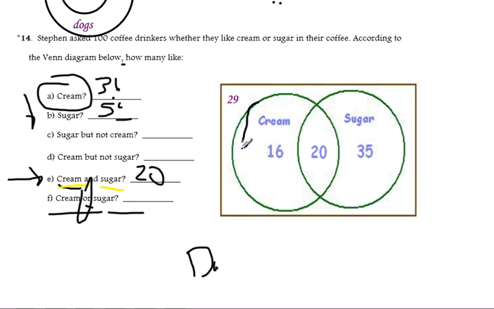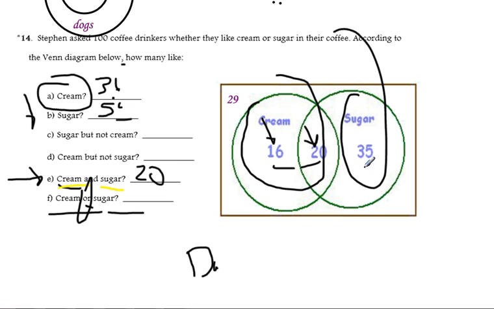So these people, 16 and 20, do these people like cream? Yeah, 16 of them like cream. Do these people like cream? Yes, 20 of them like cream. They also like sugar, but they like cream. What about these people, the 35? Do they like sugar?